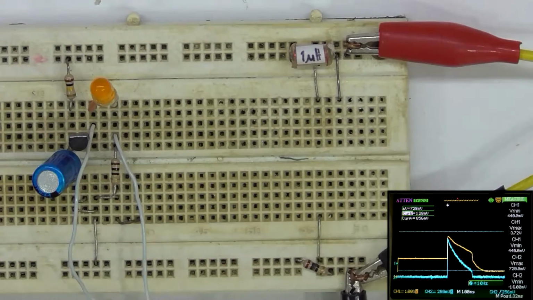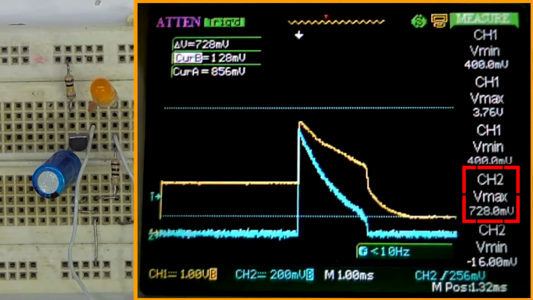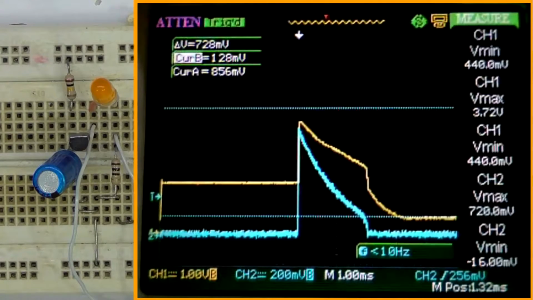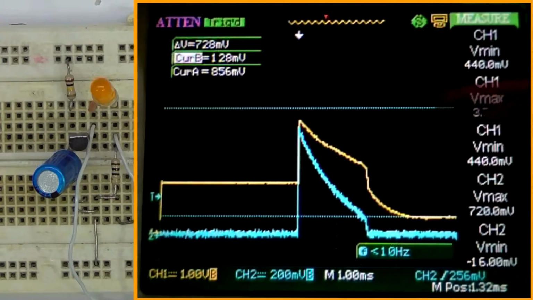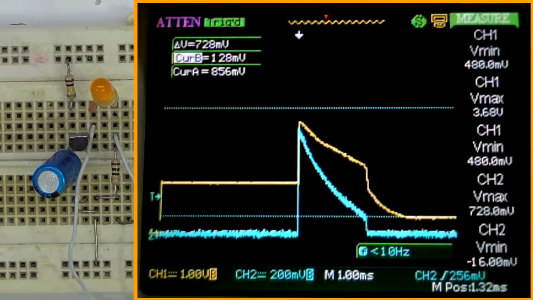Okay, what have we got? Straight away we can see we got a Vmax of 728 millivolts. Divide that by 10, and we get 73 milliamps at its peak in the blue trace. And in the minimum, cursor B is roughly at the point where it switches off, so we've got 13 milliamps essentially.